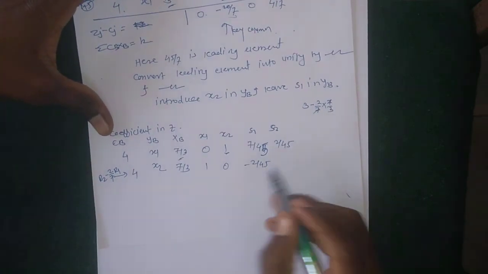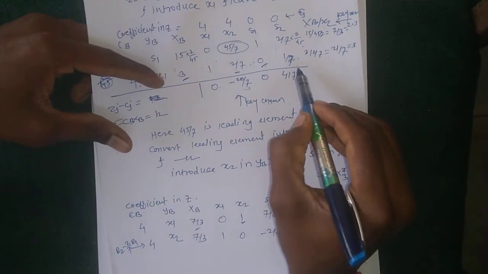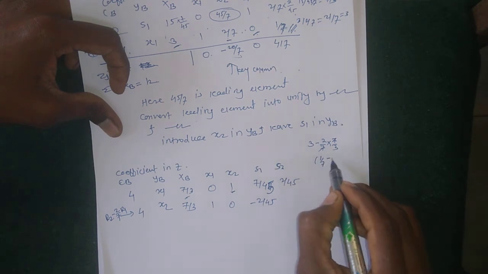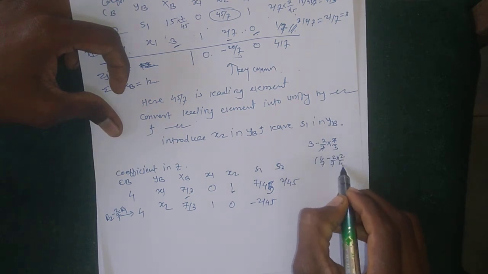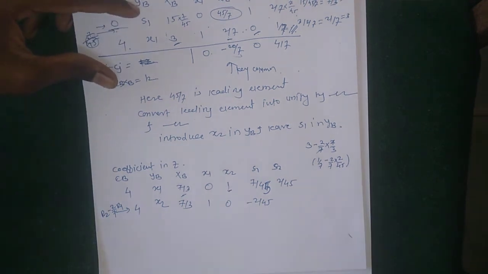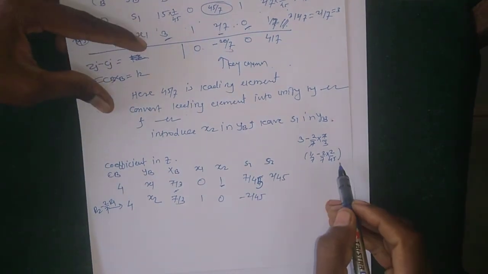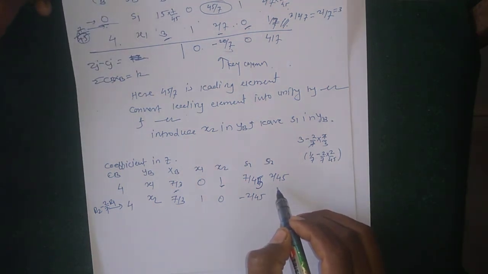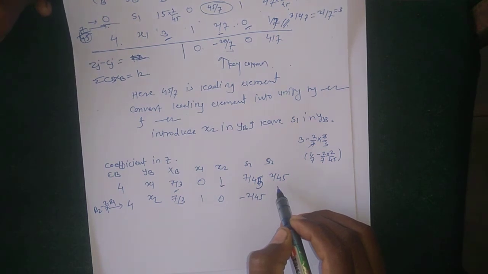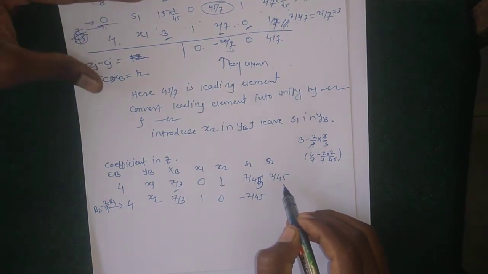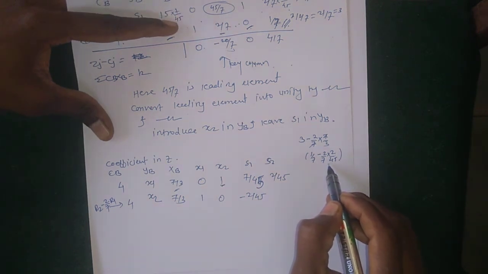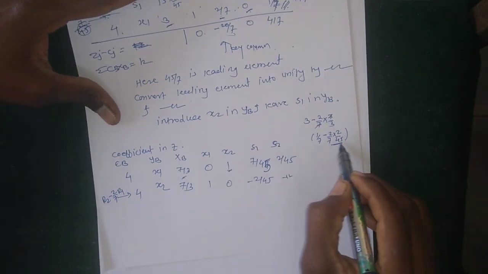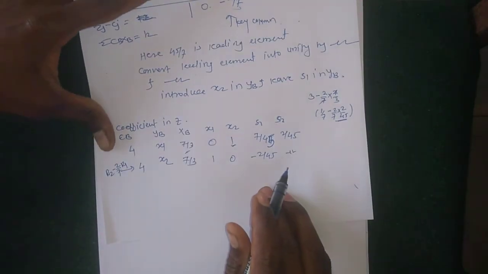And then next is 1 by 7 minus 2 by 7 into 2 upon 45. Okay, so this operation is very large, so their value is something here. Calculate this by using calculator.